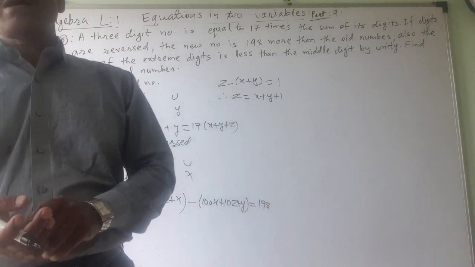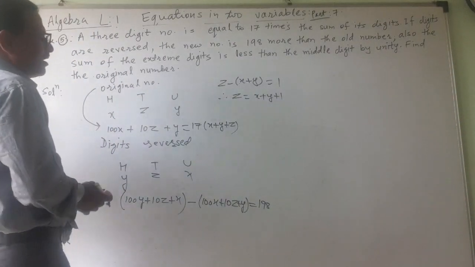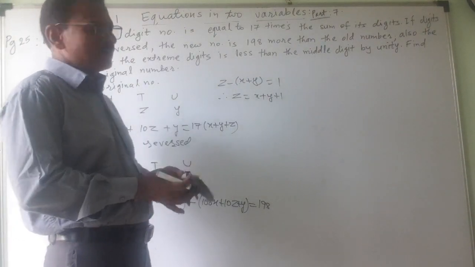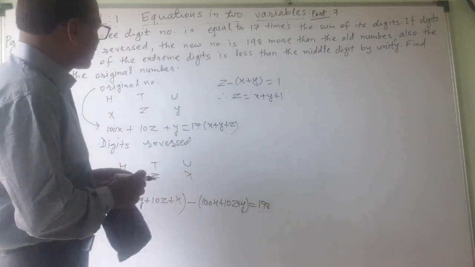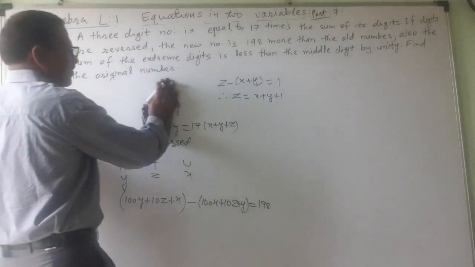It is a short example where they have written directly in the table that this middle term is x plus y plus 1. That I wanted to explain to you. Hope you have understood this, and then this question becomes very easy.